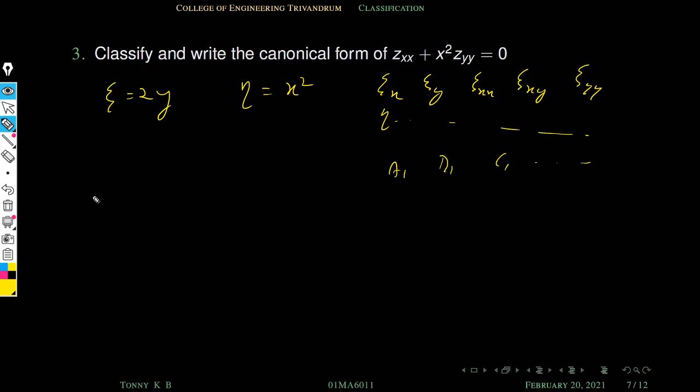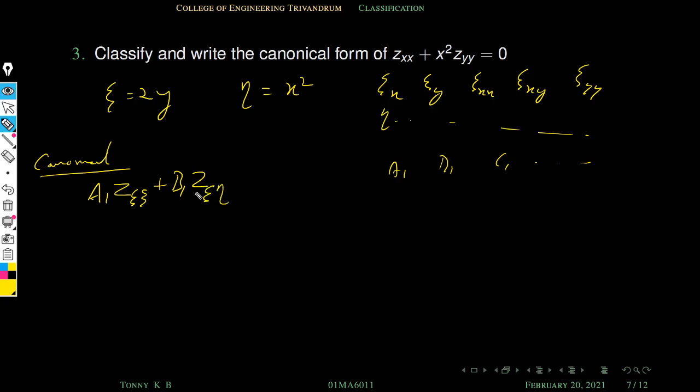What is our standard canonical form? The standard canonical form is a1 into, in this case our dependent variable is z, so a1 into z psi psi plus b1 into z psi eta.